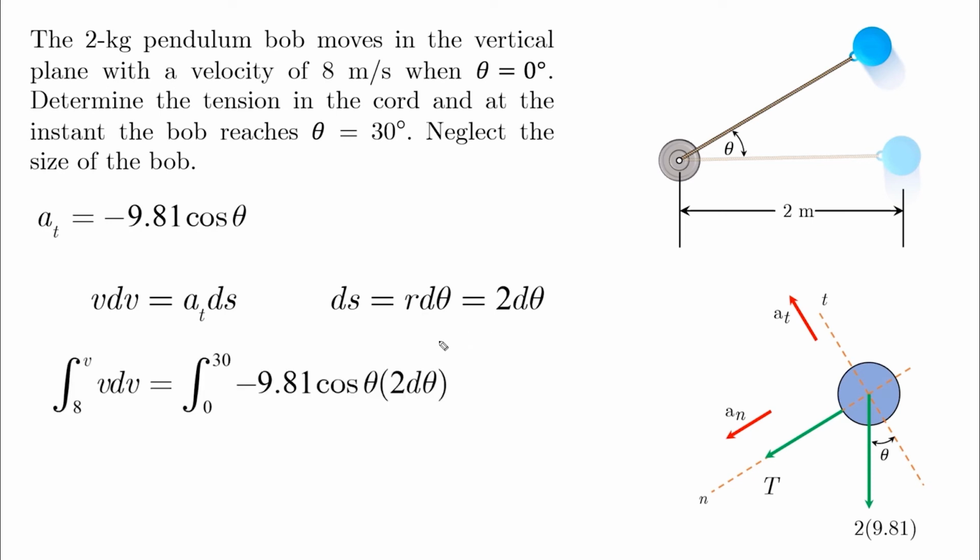So we integrate both sides, taking care of the initial conditions, which are a velocity of 8 meters per second when theta is equal to 0.